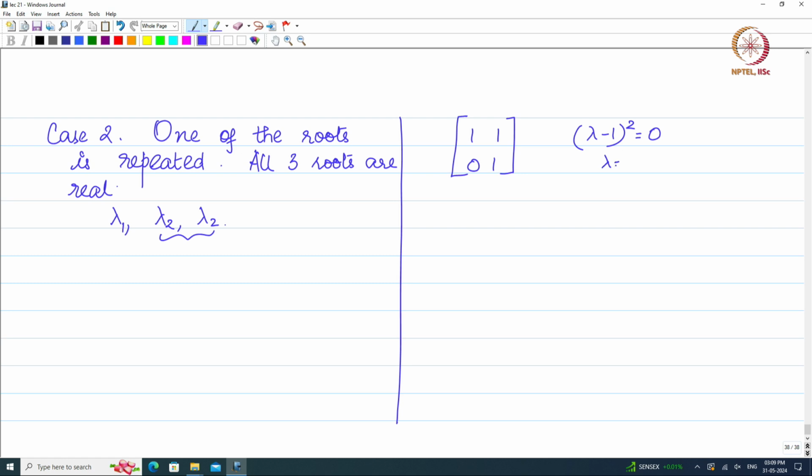Lambda equal to 1 was repeated and we just had only one eigenvector. Now here we have two roots, are we going to face the same problem? The answer to that is no.